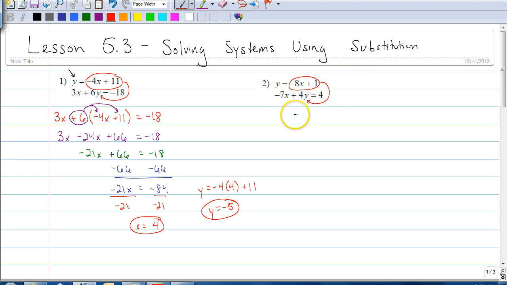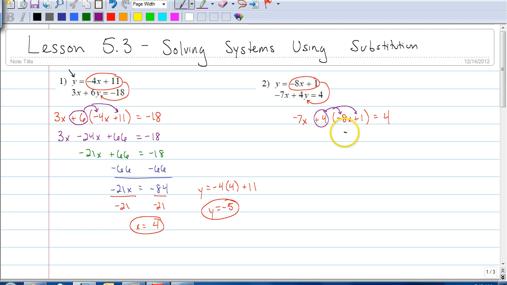So it's going to be negative 7x plus 4 times the quantity negative 8x plus 1 equals 4. So I've taken the second equation, negative 7x plus 4y equals 4, and replaced the y with negative 8x plus 1. And notice when I do that, I always put it inside of parentheses. That's really important because the next step is to distribute what's outside to everything inside the parentheses.